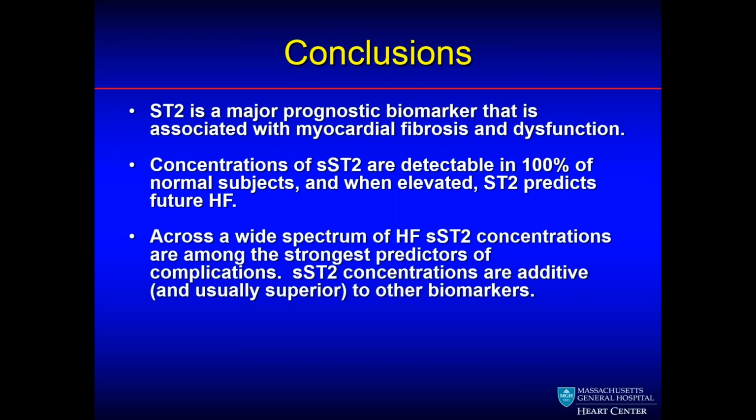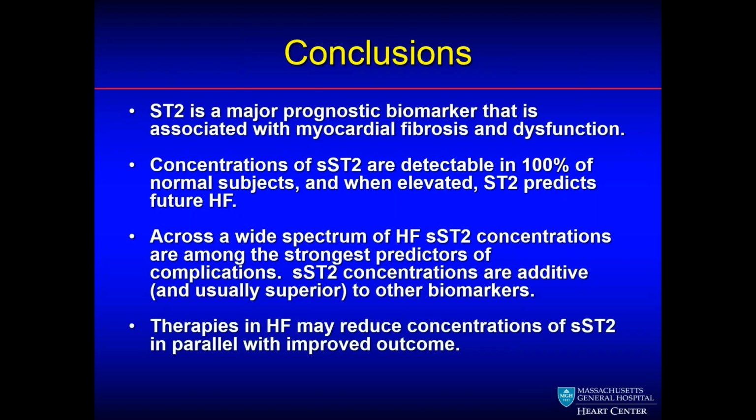Across a wide spectrum of heart failure, those patients with acute heart failure, those patients with chronic heart failure, those patients with an acutely injured ventricle after myocardial infarction, ST2 concentrations are among the strongest predictors of ventricular remodeling and are additive and often better than other biomarkers for predicting future heart failure or death.